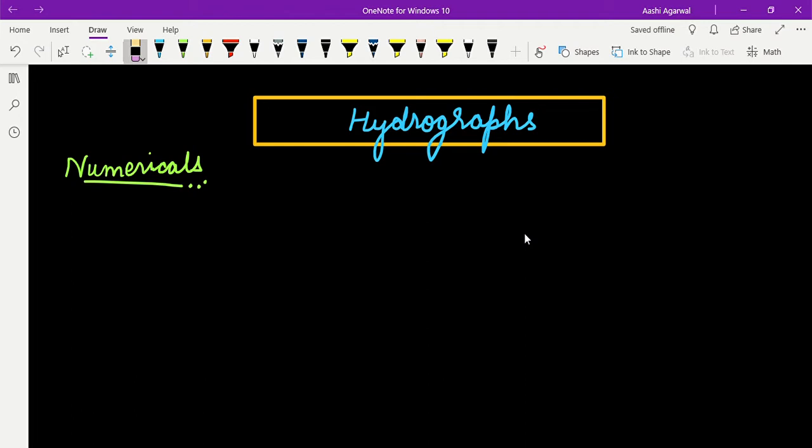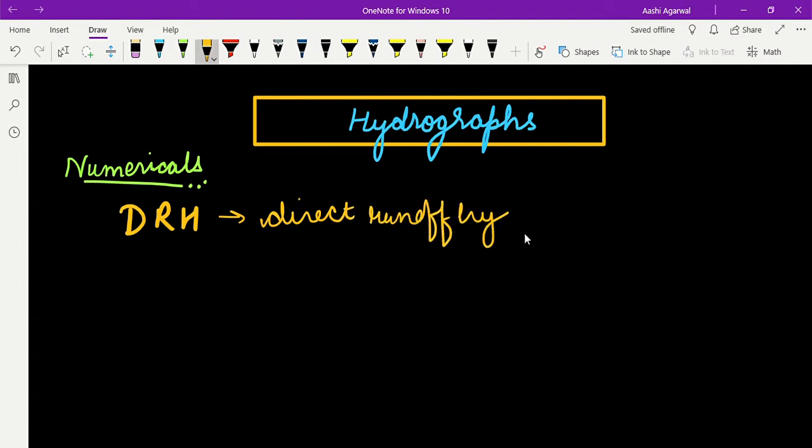So we'll start with the conversion of DRH into FRH. DRH is nothing but direct runoff hydrograph, and FRH is flood hydrograph.